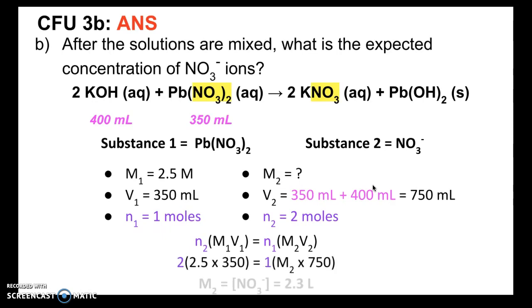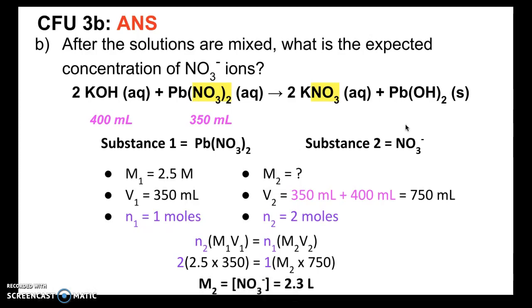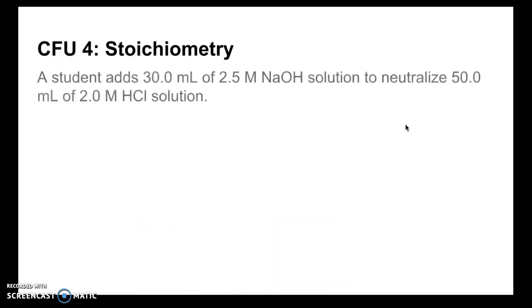This is what my math looks like, and this is my concentration. And that should be 2.3 molar, by the way, not liter. Take a moment to look over this work if you have questions about how I did anything. I'm going to explain the volume situation on the next slide.